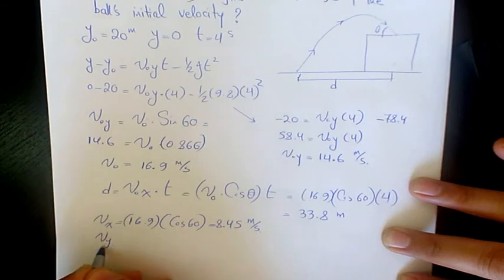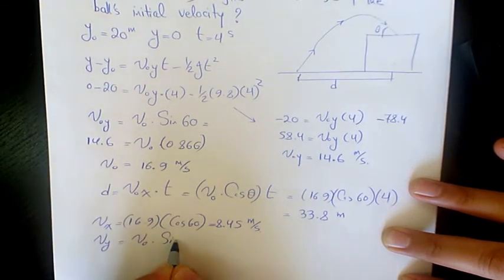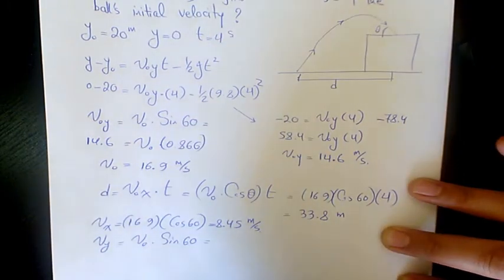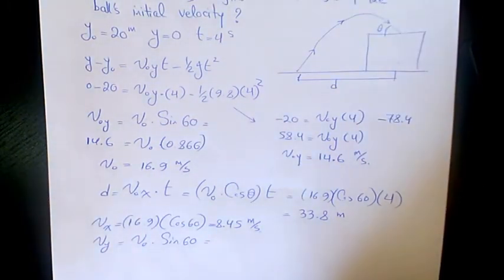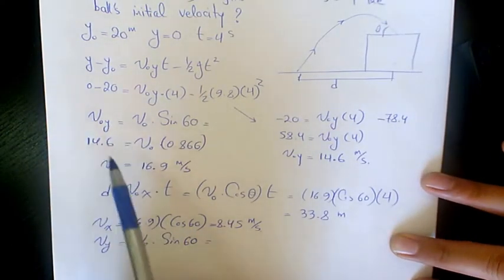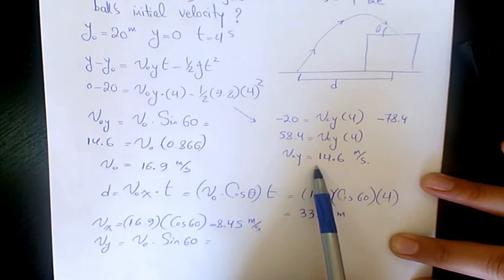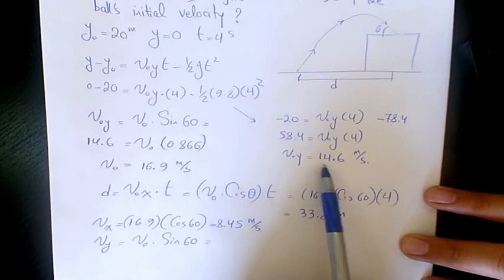And Vy is going to be v naught times sine 60, and it's going to be downward, so it's negative. So we found it somewhere here, 14.6. That's going to change. This was the initial one.